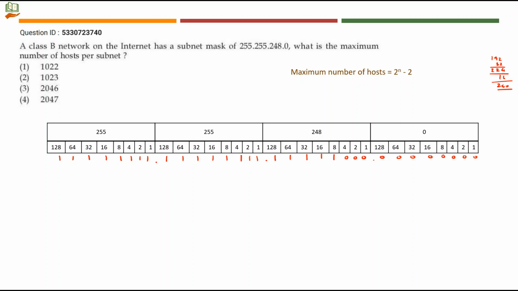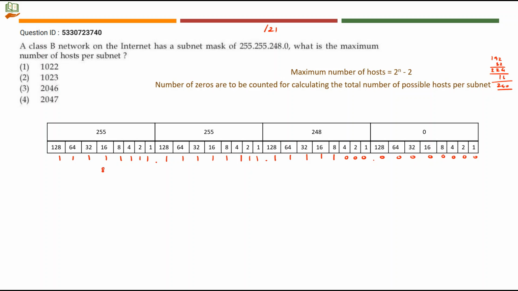Now what has to be taken as this power n? The number of zeros are to be counted for calculating the total number of possible hosts per subnet. So when they say subnet mask has these many values, they will also use a notation called /21. It means 21 ones are present here. Just calculate.